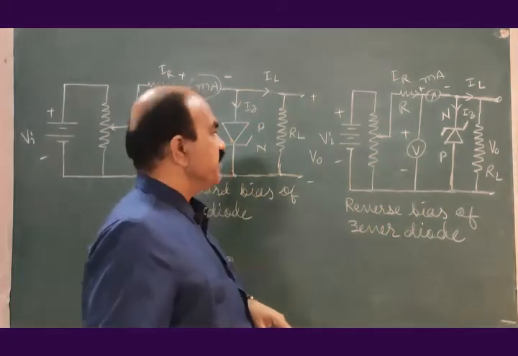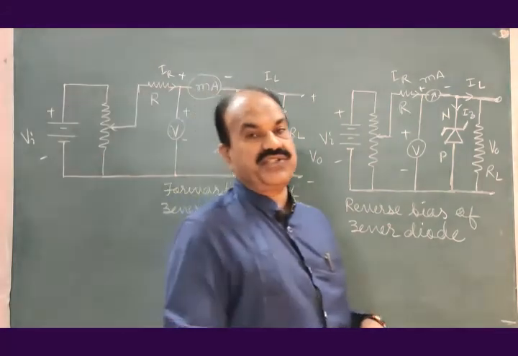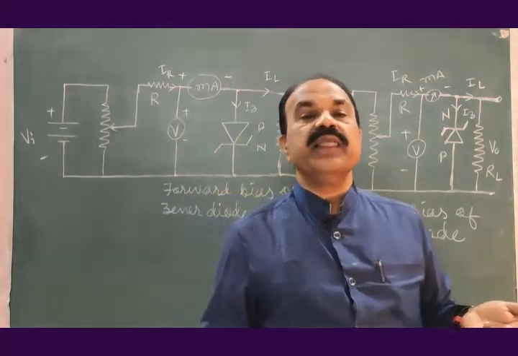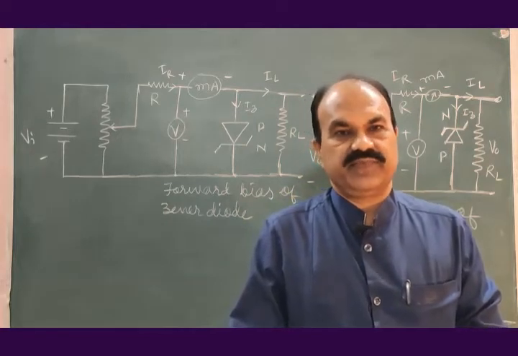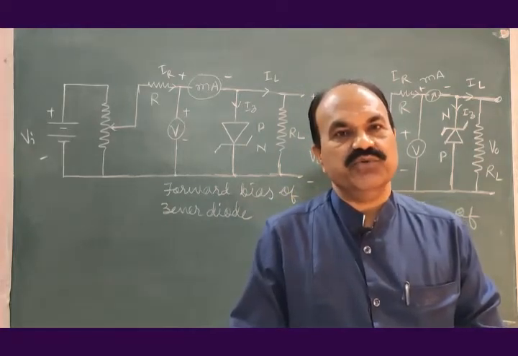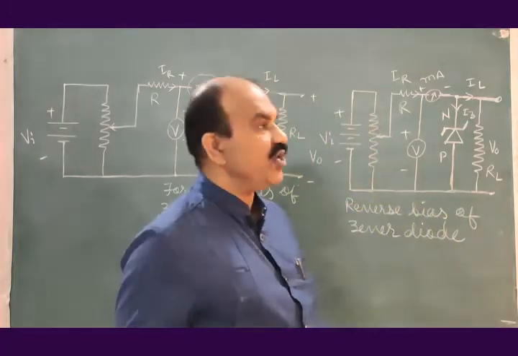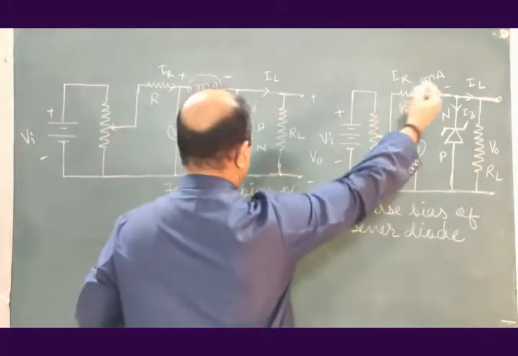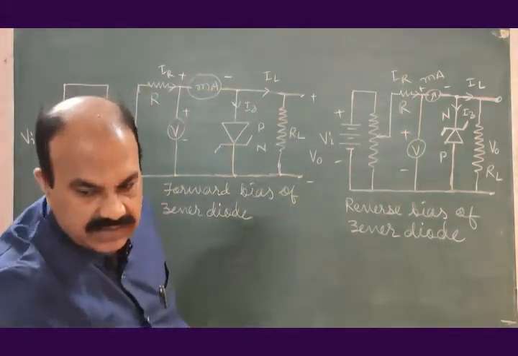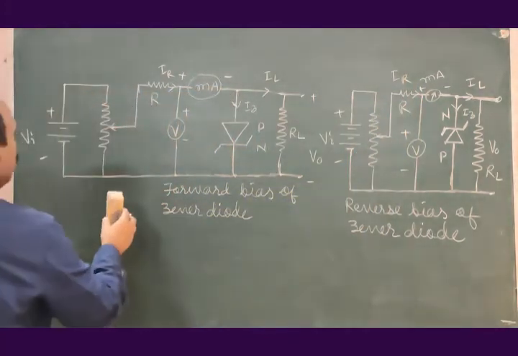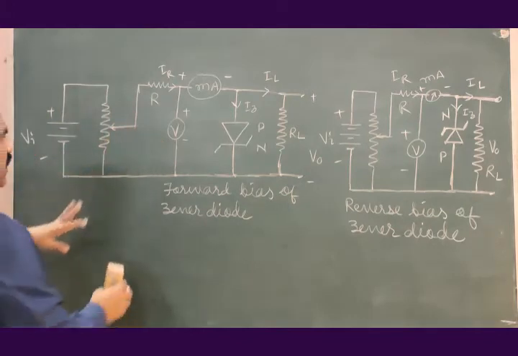VI characteristics is the graph between voltage and current of the Zener diode. Let us draw the characteristics for the Zener diode. Let me draw it here, because I have described this circuit.